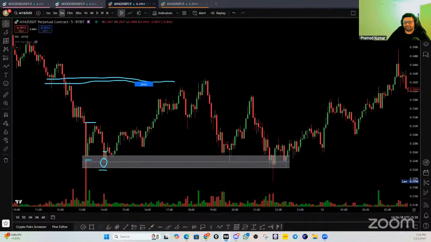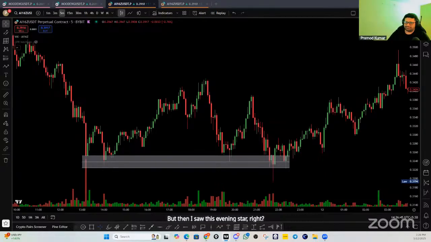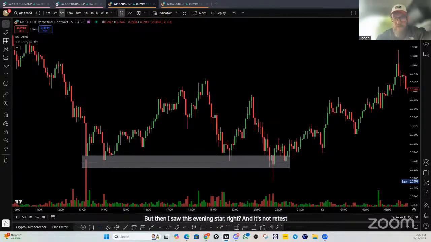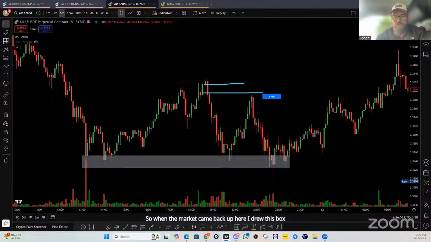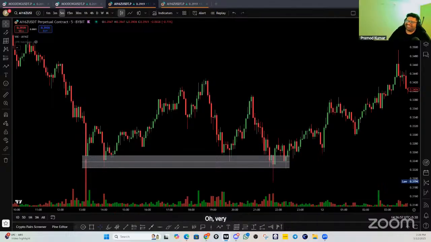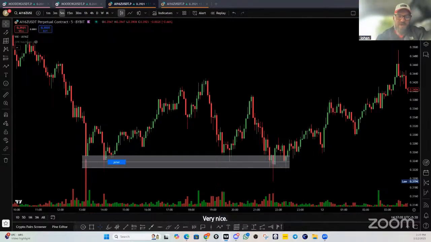So I took that and came there. But then I saw this evening star, right? And it's not retested, so immediately the market dropped. When the market came back up here, I drew this box and I took the short scalp from there. Very nice. I took the short scalp to here, and then I saw this was the Asia low, like Sir said as well.